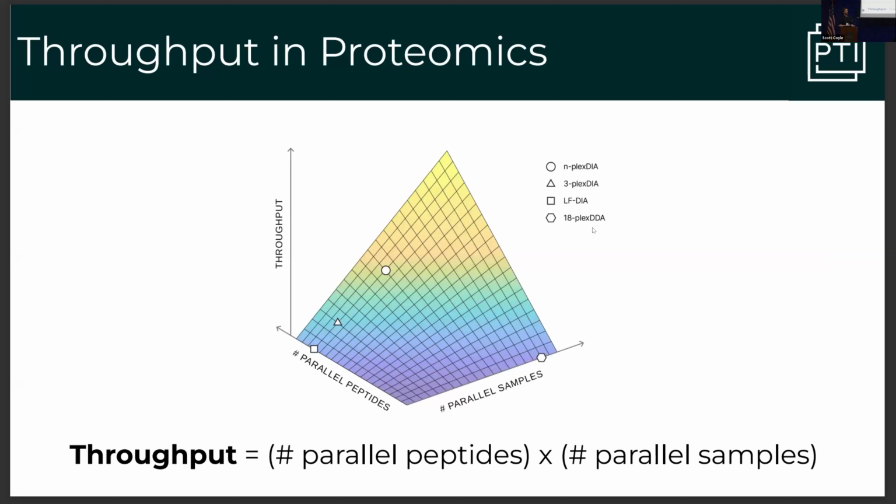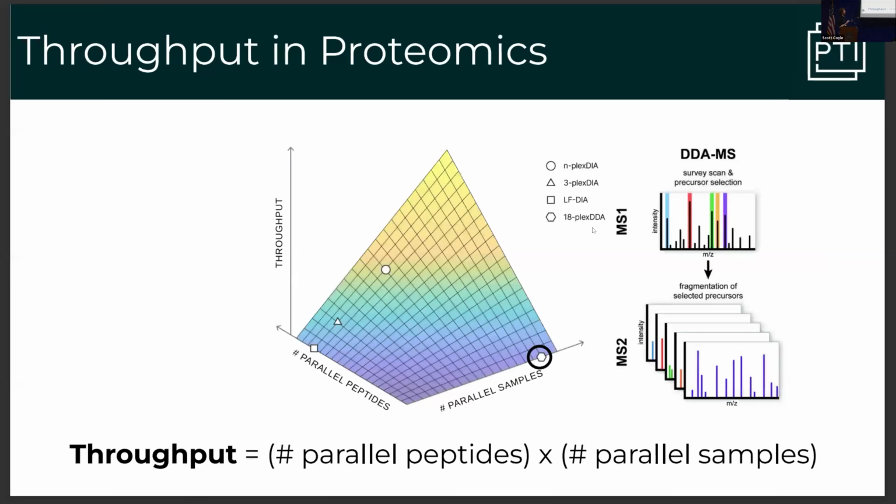So to start off, we'll describe throughput. We want to increase it. Well, what is it? So we define it as the number of parallel peptides times the number of parallel samples in which we can identify those peptides. And if we want to maximize, say, the number of samples which we can analyze in parallel, typically we would do something like maybe a data-dependent acquisition approach. And in this approach, we take an MS1 survey scan.